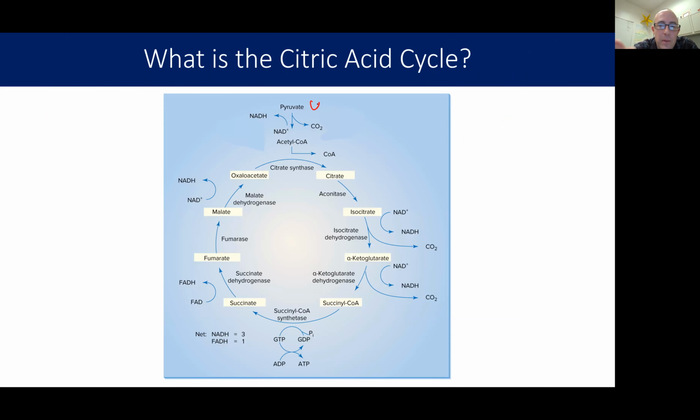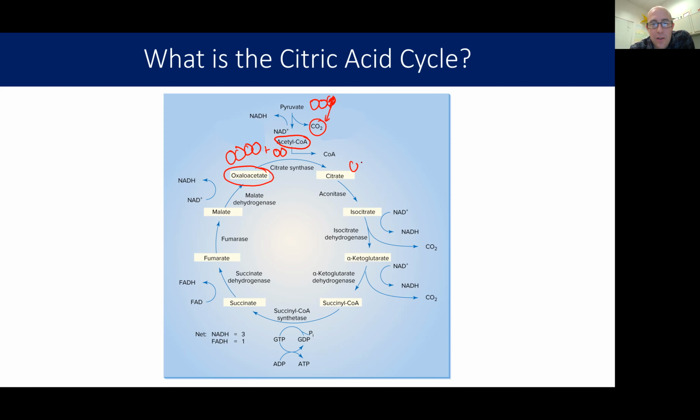We have that 3-carbon pyruvate that comes in, and then you're going to rip off one of these carbons, and it becomes a CO2. Now you have this 2-carbon acetyl-CoA. That 2-carbon acetyl-CoA is going to hook up with oxaloacetate, which is a 4-carbon chain. So 4 plus 2 equals 6.